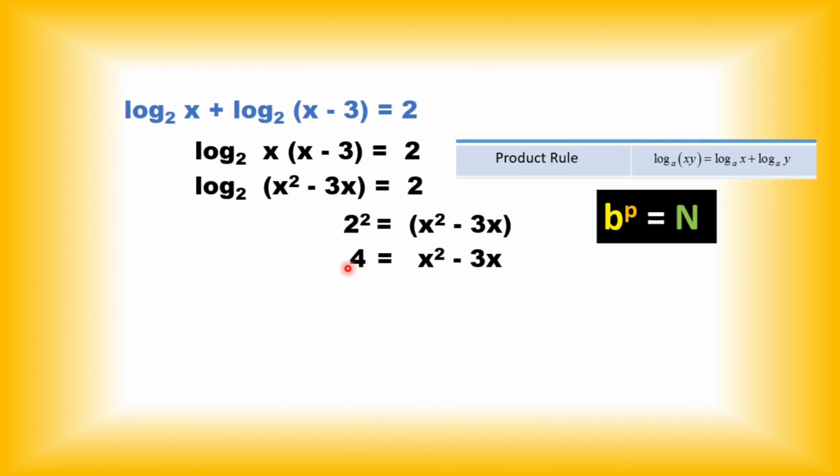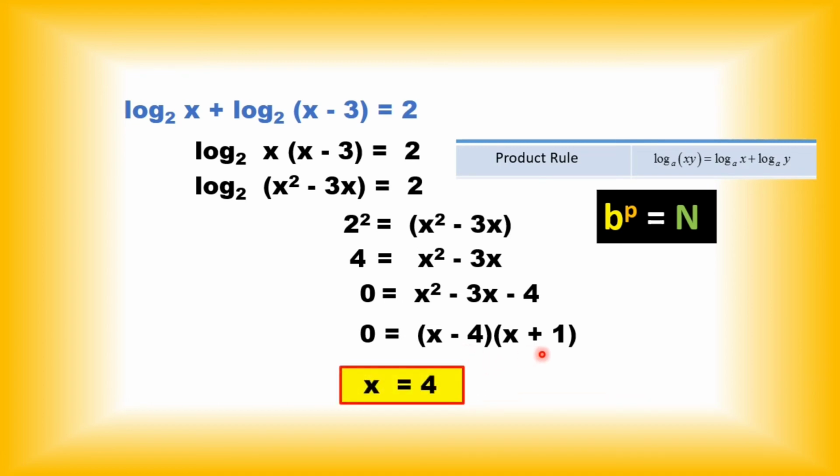Transpose 4 to the right side. So, we have the equation 0 is equal to x squared minus 3x minus 4. So, this is a quadratic equation. Factor it out. So, the factors are the quantity x minus 4 times the quantity x plus 1. Solving for x, the opposite of negative 4 is 4, and the opposite of positive 1 is negative 1.